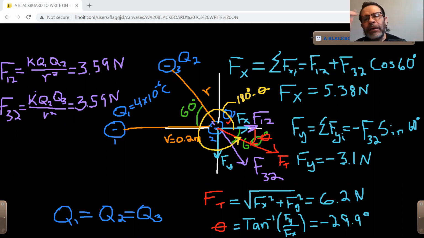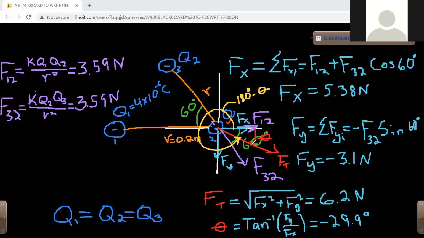Remember that when we were talking about angles, a positive angle means that I'm measuring it counterclockwise with regards to the x-axis. A negative angle means that I'm measuring it clockwise. So if I get negative 29.9, it means it's this red angle that I marked here. Do you see that, Jose Carlos? Yes. Because it's going clockwise.